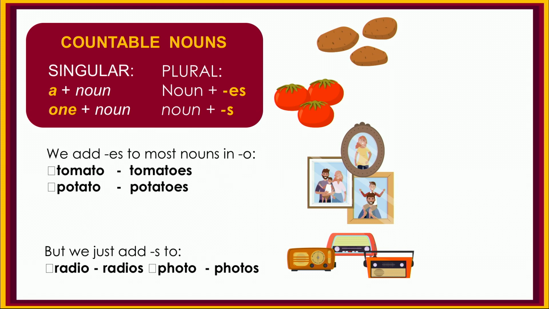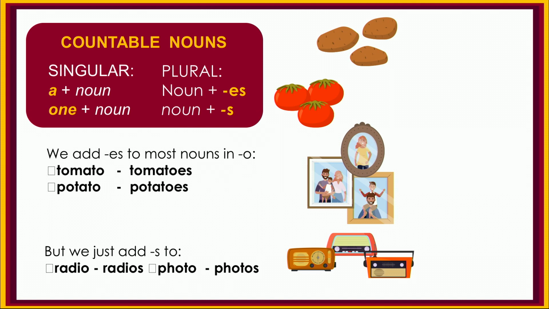Now let's look at the following table. Countable nouns can be singular or plural. In the case of the singular, we say the determiner a plus a noun, or one plus a noun. In the case of the plural form, we have the noun plus the letters es to make the plural forms, or in other cases, it's just the noun plus the letter s.